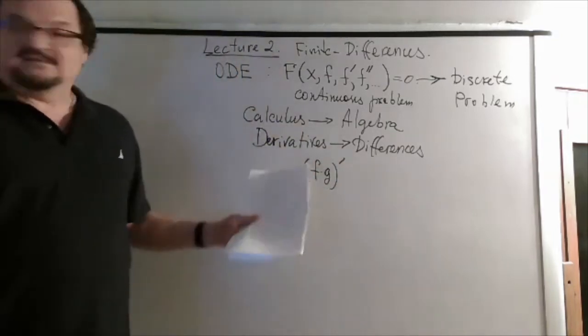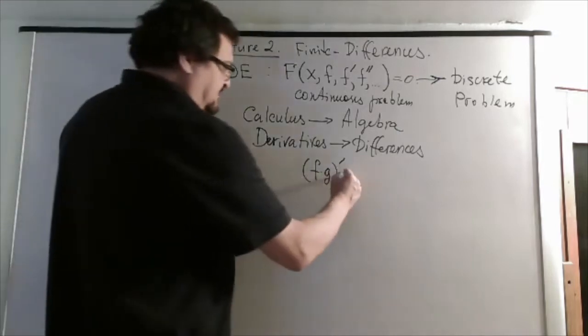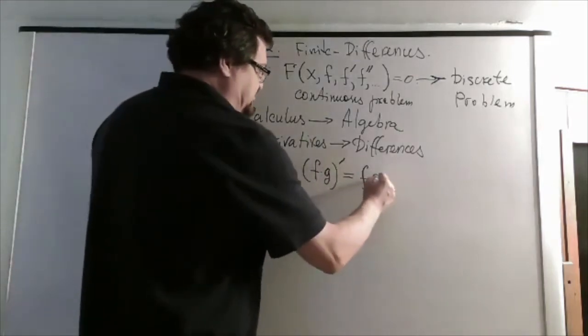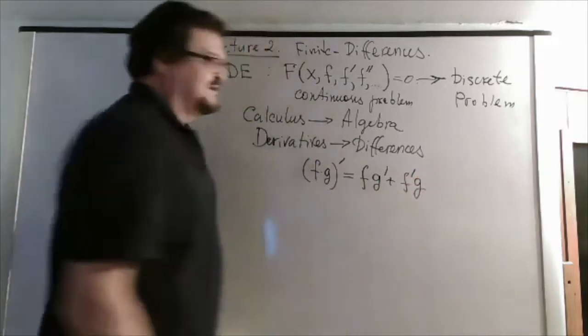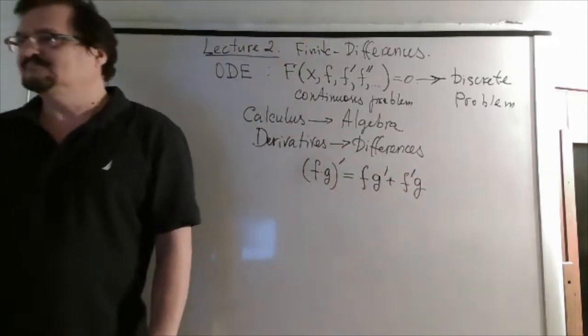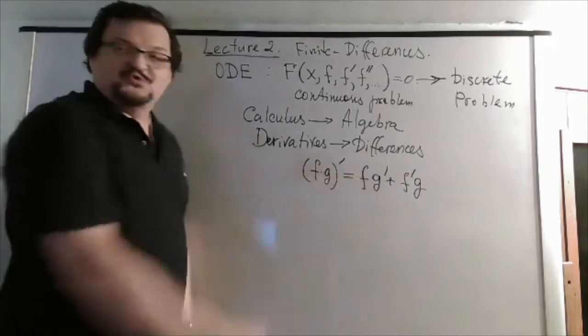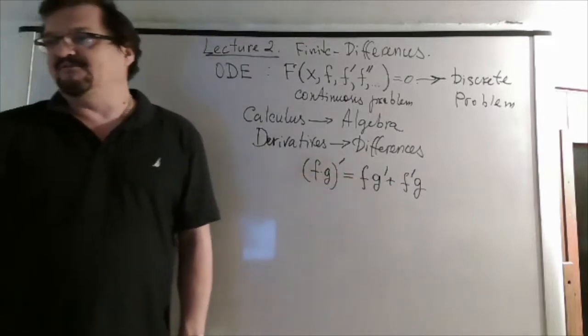You know that in calculus, it is F times G prime plus F prime times G. This is not true on computers in finite differences.